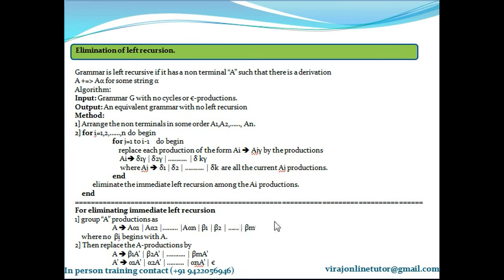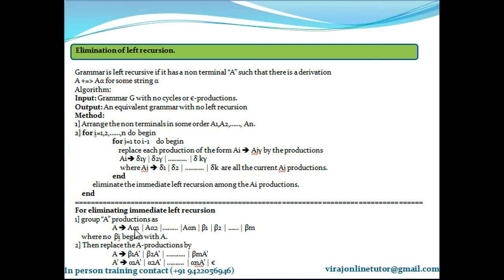So in this example that I have shown here, I am going to explain to you all how to eliminate the left recursion. Okay. So in this example, A gives A alpha 1 or A alpha 2 or keep on ORing till A alpha n.